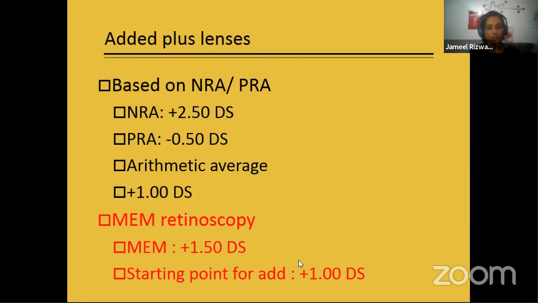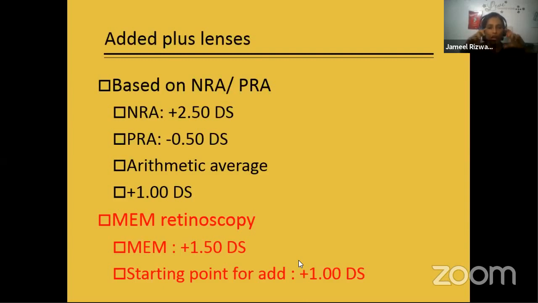The second method is a much simpler method, which is to use your MEM retinoscopy, your dynamic retinoscopy. If the patient has a distance refraction or subjective acceptance, you put that in the trial frame. If there is no refractive error, then just quickly scope at near at 40 centimeters.